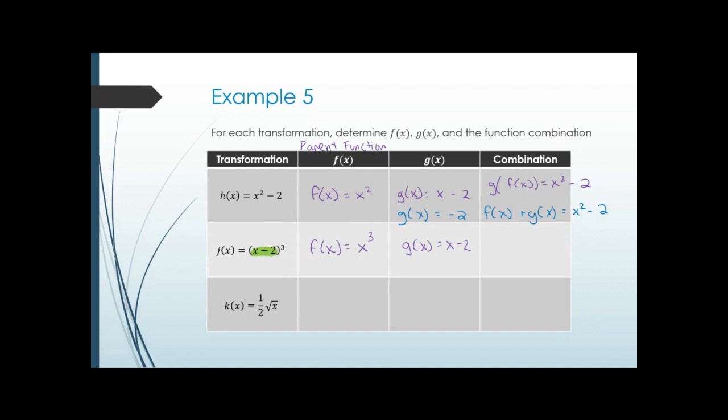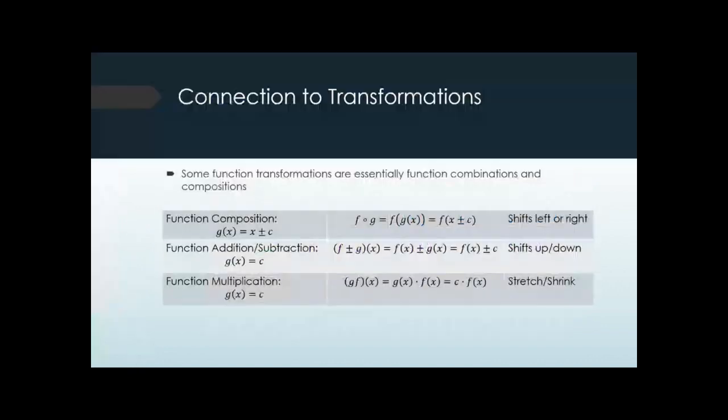So this is a combination, a function composition, where we plugged g of x into f of x. And that gives us x minus 2 cubed. So if you plug g into f, that is the function composition, that is a shift left or right.